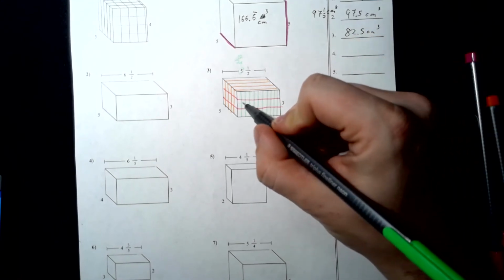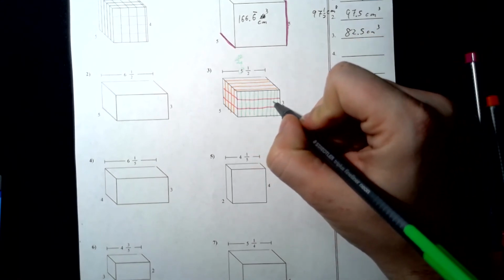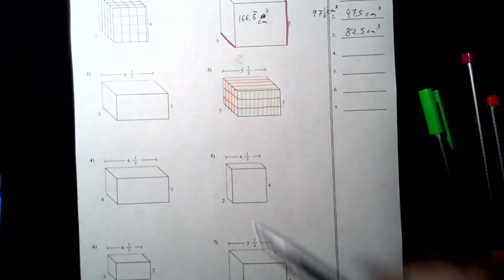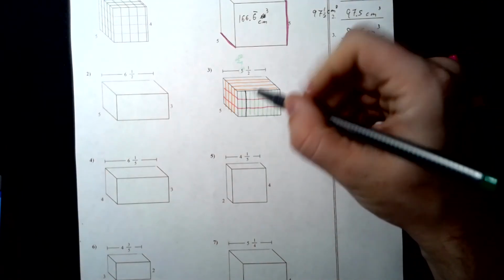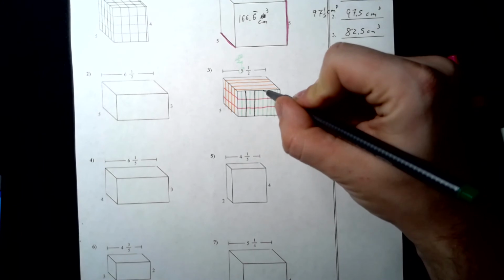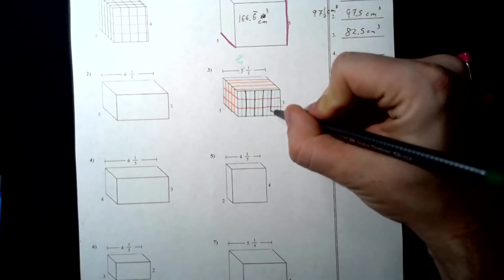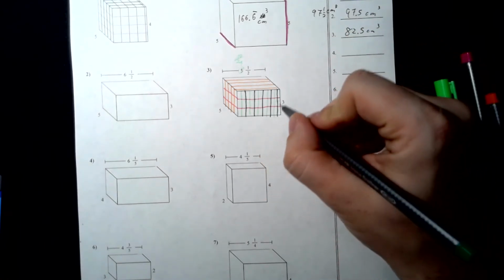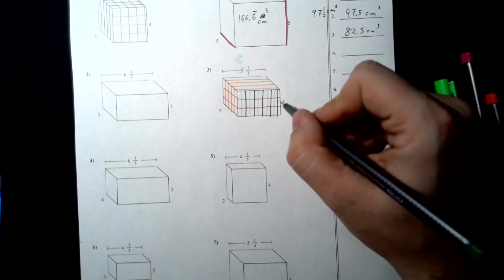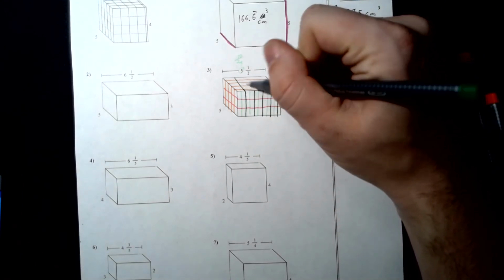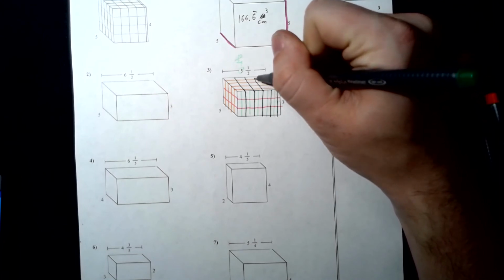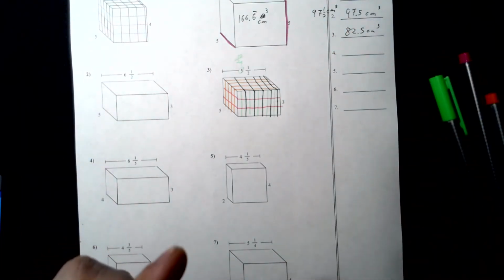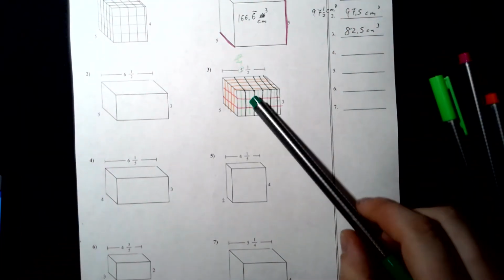So 10 lines should mean 1, 2, 3, 4, 5, 6, 7, 8, 9, 10. That's 11 sections. So if I go back over with a darker shade of green, there's 1, 2, 3, 4, 5. So I have 5 full-size cubes, but then I have this one little extra sliver on the side. That is my half, to represent 5.5. So we have 1, 2, 3, 4, 5, and this extra half piece over here. That is how this is going to look.